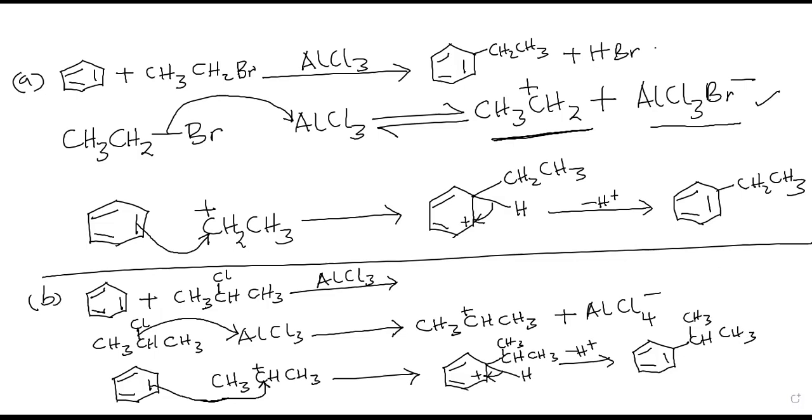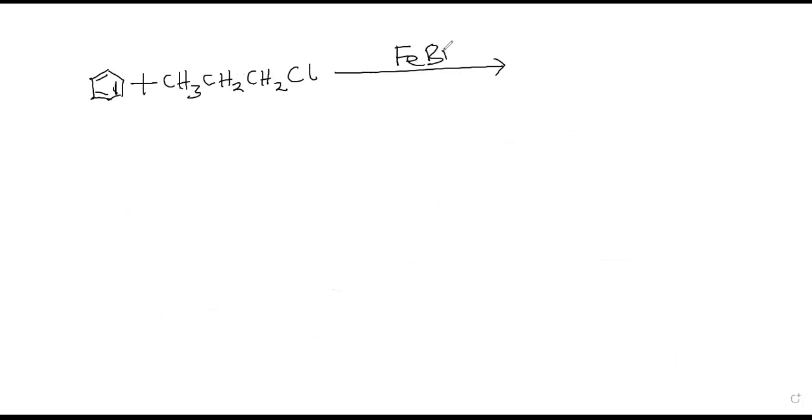And the final example here was where benzene reacted with chloropropane. We have benzene reacting with chloropropane, CH3, CH2, CH2, Cl in presence of iron 3 bromide. What does it mean?